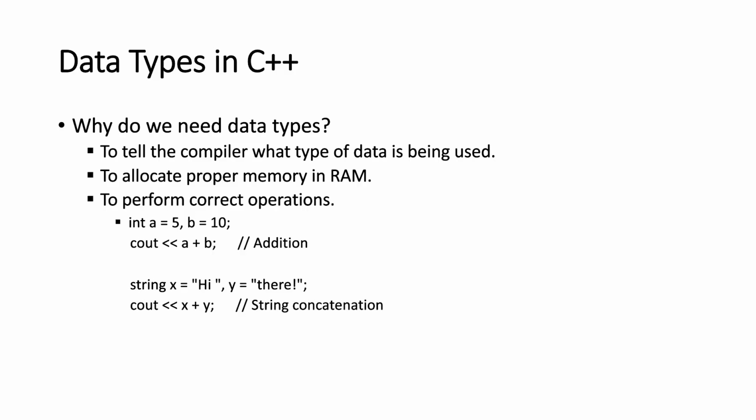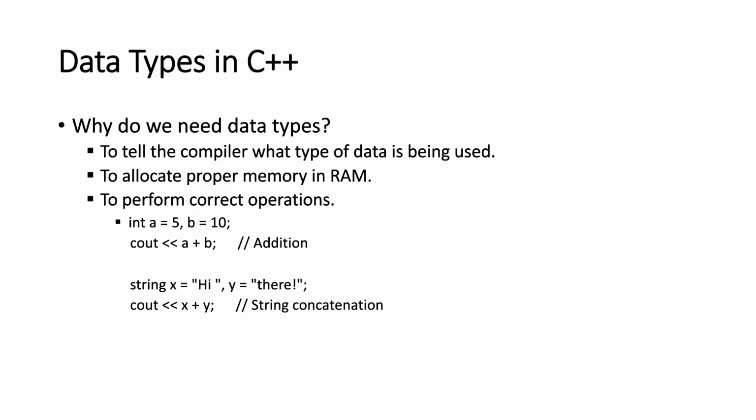Another reason is to allocate the proper memory in RAM. Whenever you execute your program, it gets some memory, and to allocate that memory we need data types. Another reason is to tell the compiler to perform the correct operation.